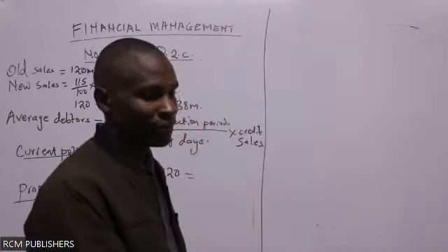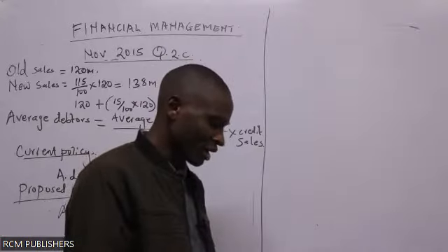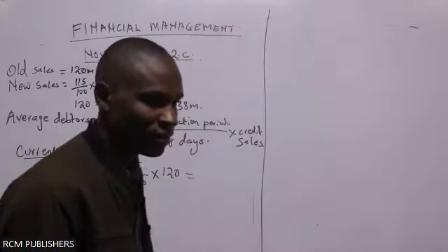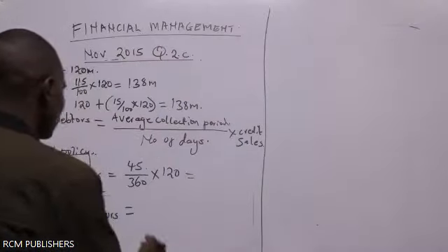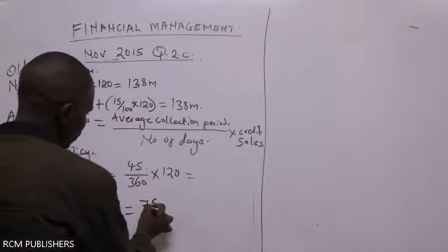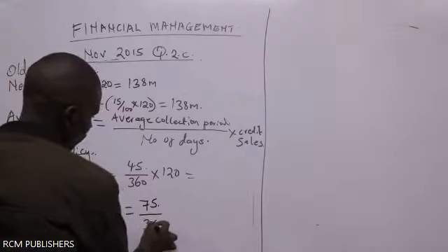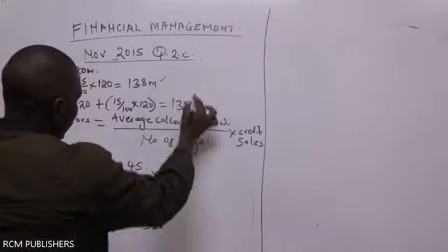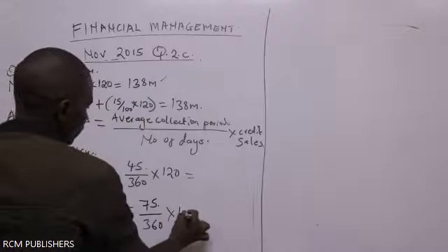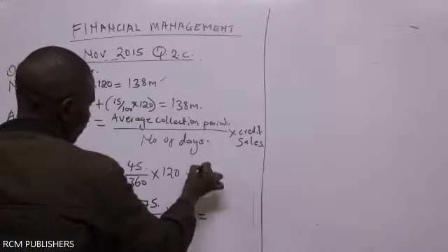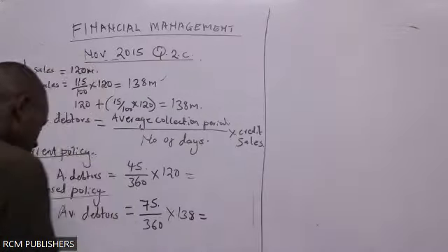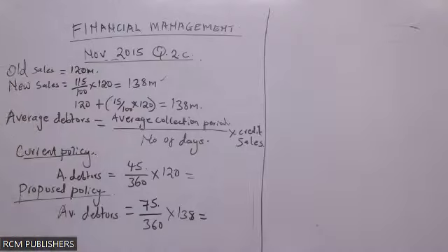Nyinyi mnaona aje? Hiyo tumeambiwa tu pale vizuri. So they are going to increase it to 75, over 360, and you have given me the credit sale as 138. So tupate hii na hii ya current period na hii ingine.